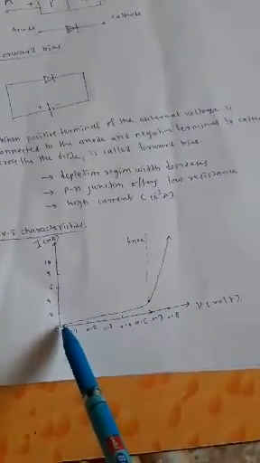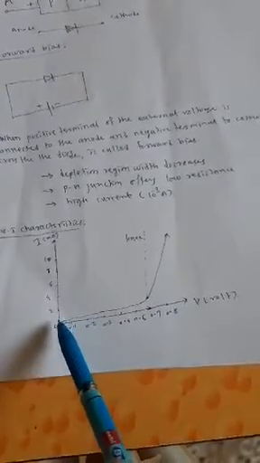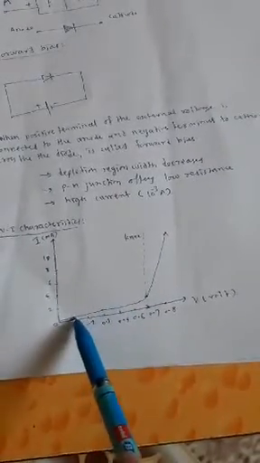From these forward characteristics, we can say that initially at 0.1 volt, there is no current flowing through the diode. But a very small amount of current flows through the diode due to the minority charge carriers. But practically, there is no current flowing through it.